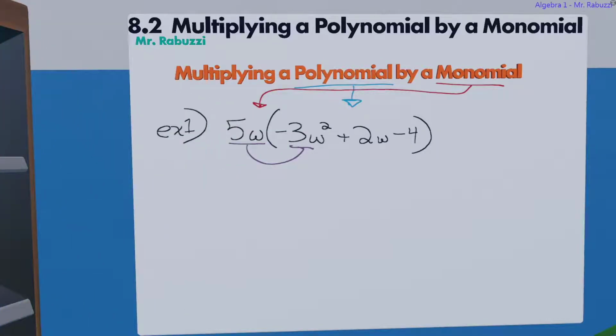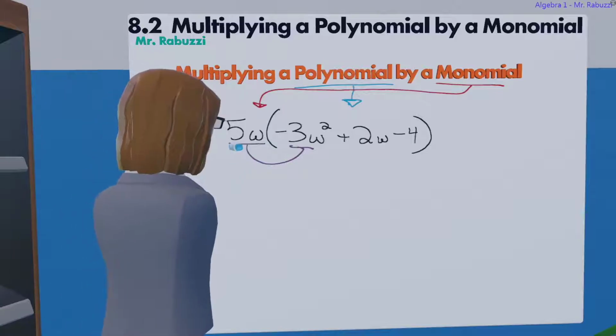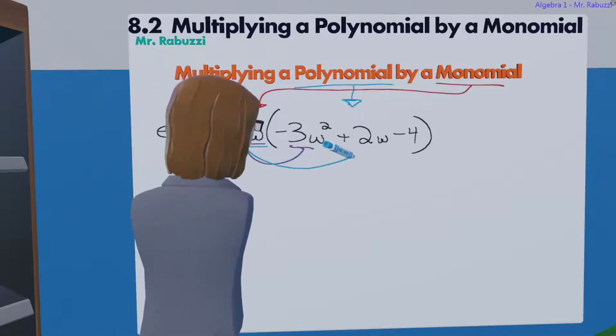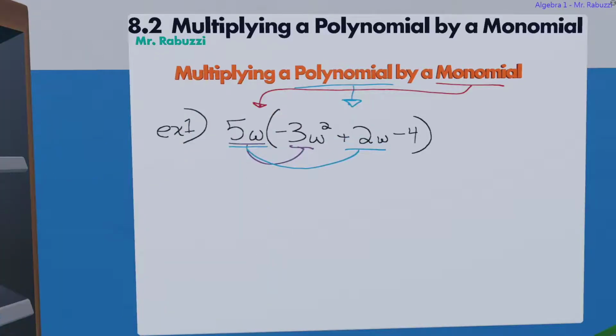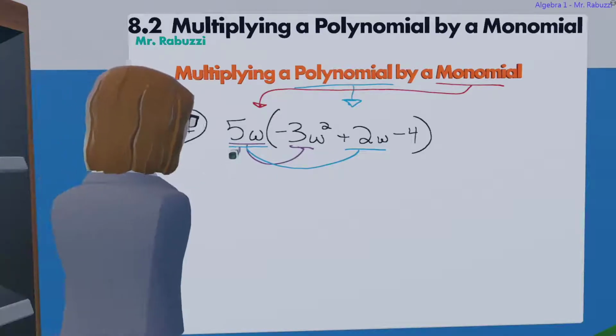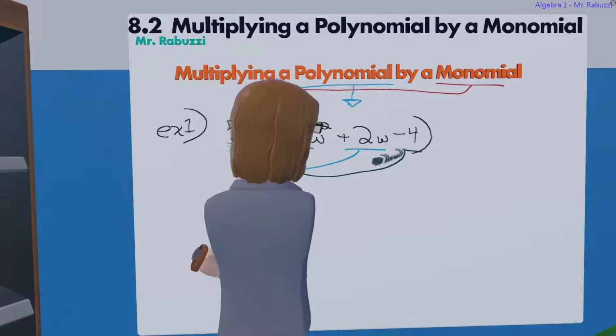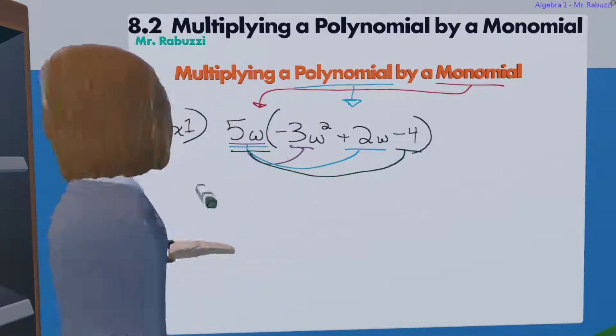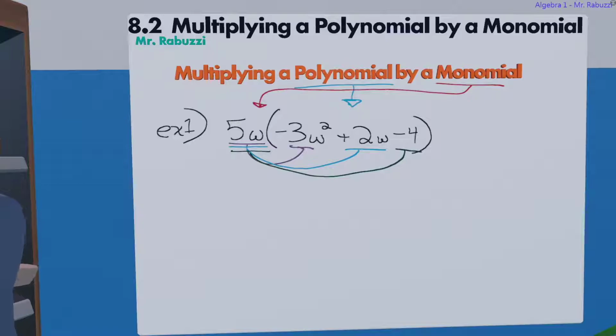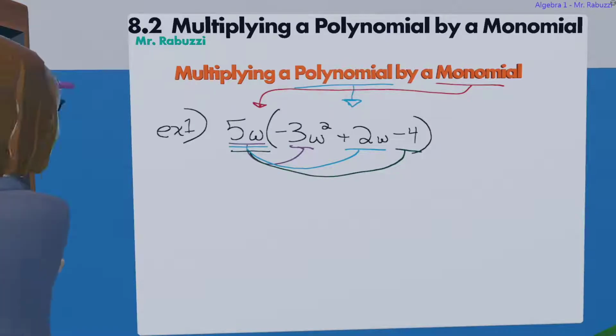Then we're going to multiply the 5w times the second term here. And we're going to multiply the 5w times the third term here. Okay, so let's start with our purple.